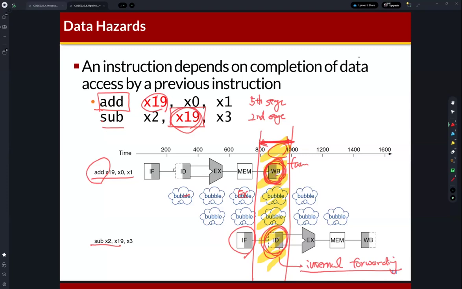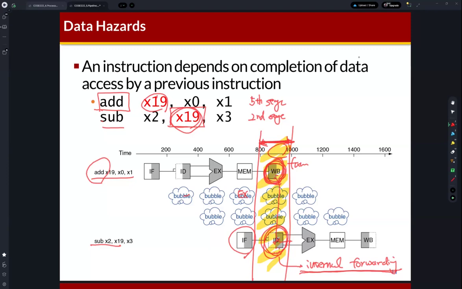So it's writing and reading at the same time. In this case, the written data can be given to the output port of the register file. So this is called the internal forwarding in the register file, right? And we assume the internal forwarding is supported in the register file.